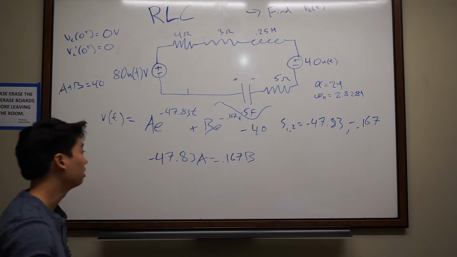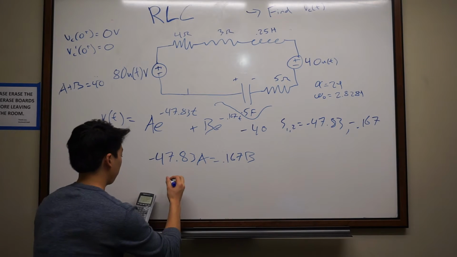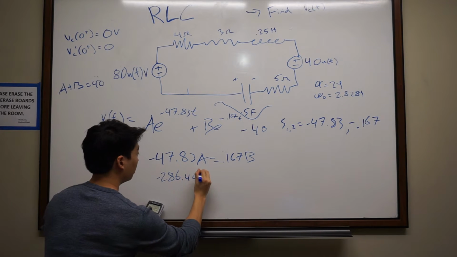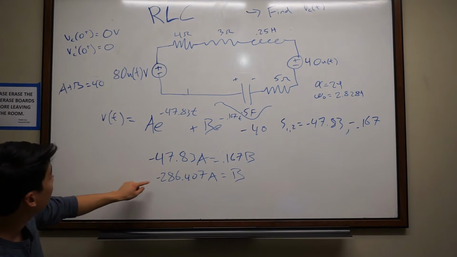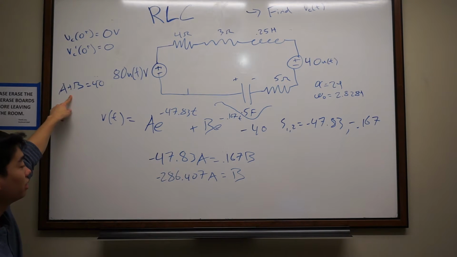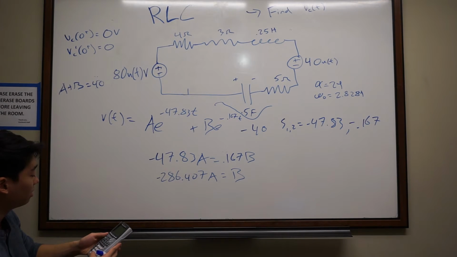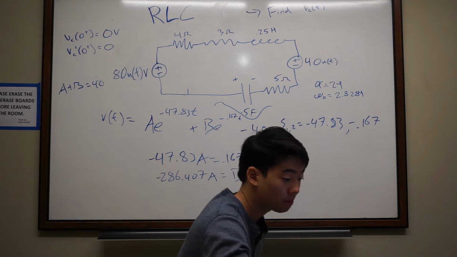So given that ratio, we can calculate that negative 47.83 divided by 0.167, so negative 286.407A, is equal to B. Plug that back into this equation here for B. So just 40 divided by that answer is equal to your A.